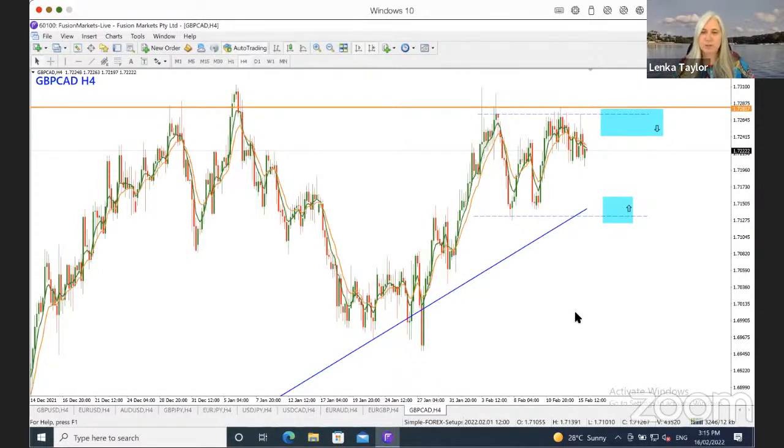So just use whatever works for the currency pairs, because not every currency pair behaves and moves the same way. They don't have the same sort of setups. Some currency pairs might have more pin bars than engulfing bars or inside bars and things like that. So it just depends on the strategy, how you like to enter, and also the risk to reward ratio. But yeah, I like these pairs. They're good and work for me.